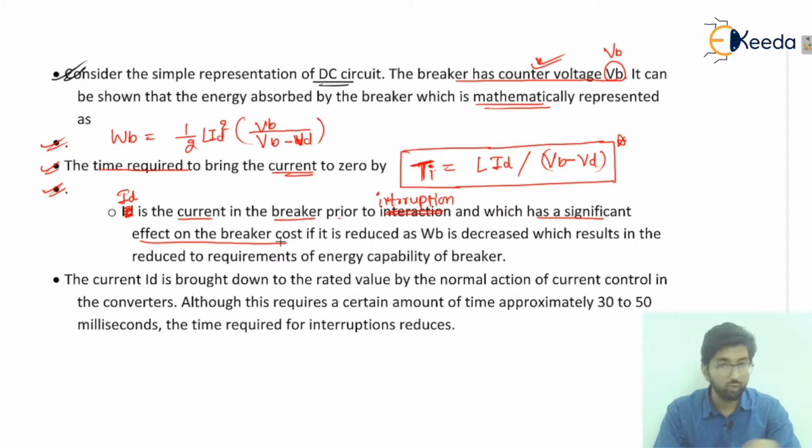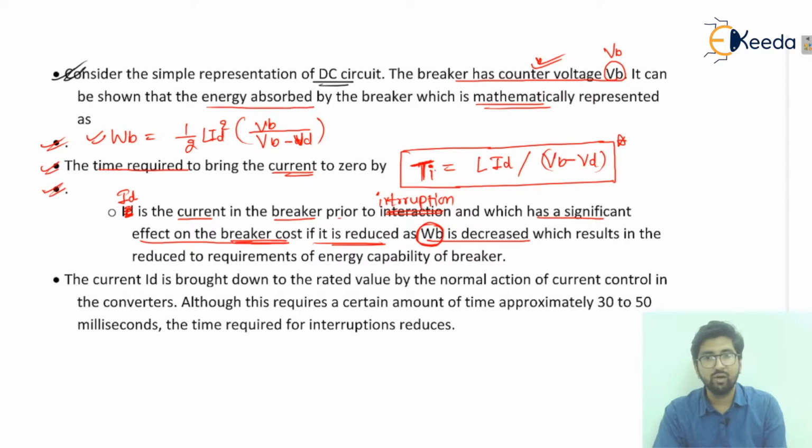That is, the current when the circuit breaker is not yet interrupting. ID has a significant effect on the breaker cost. If ID is reduced, WB is decreased. What is WB? It is the energy absorbed by the breaker.